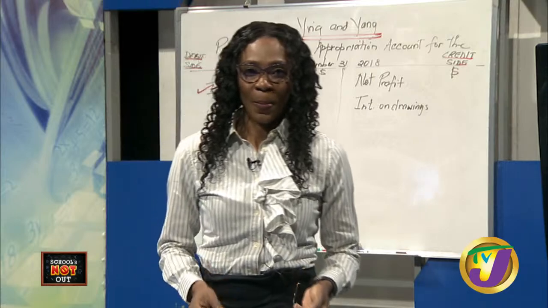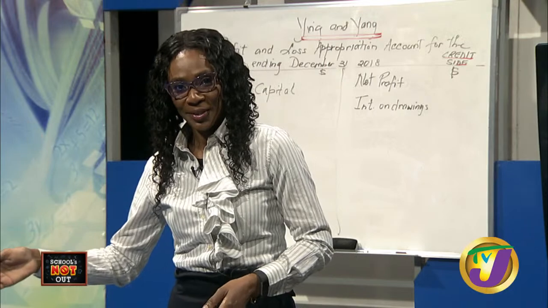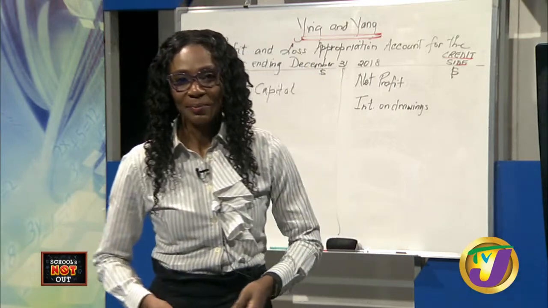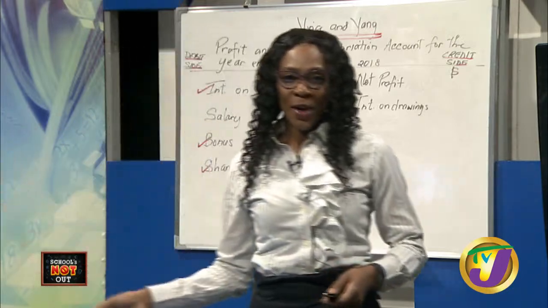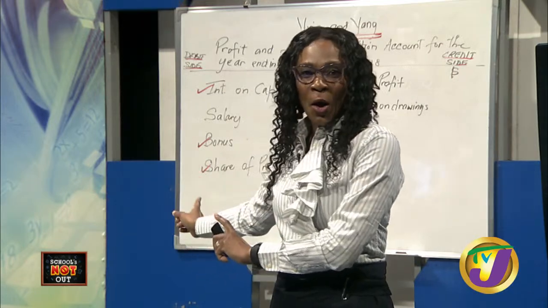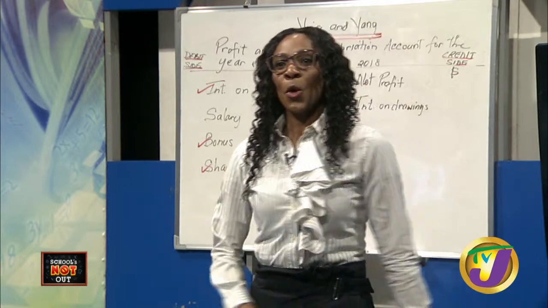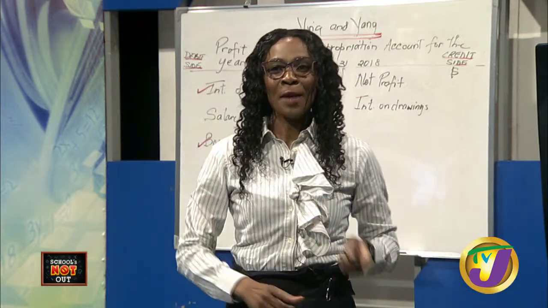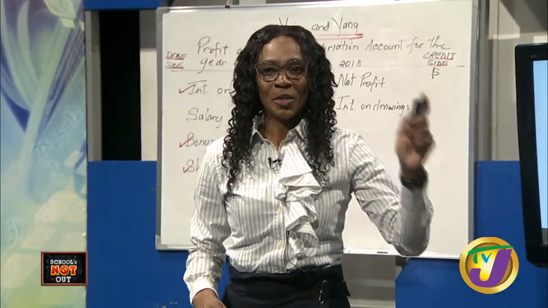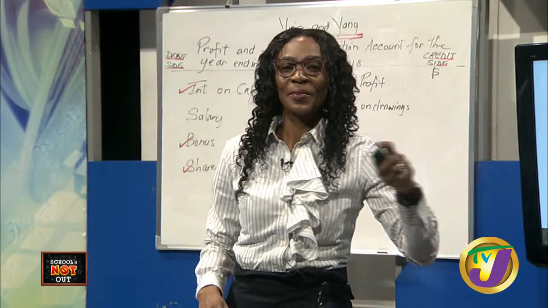Rule it up nicely, and you're going to put at the top Yang's current account. Draw your T account. Cross-reference with the items that are in the profit and loss appropriation account. Go back to last week's class and pick up the figures. And let me see what you're going to get for Yang's balance.